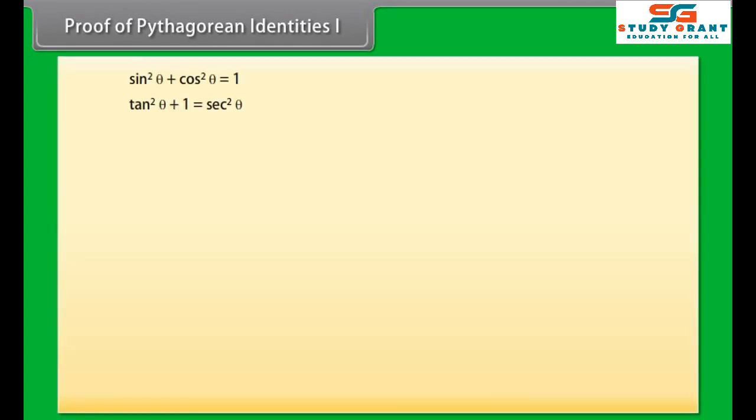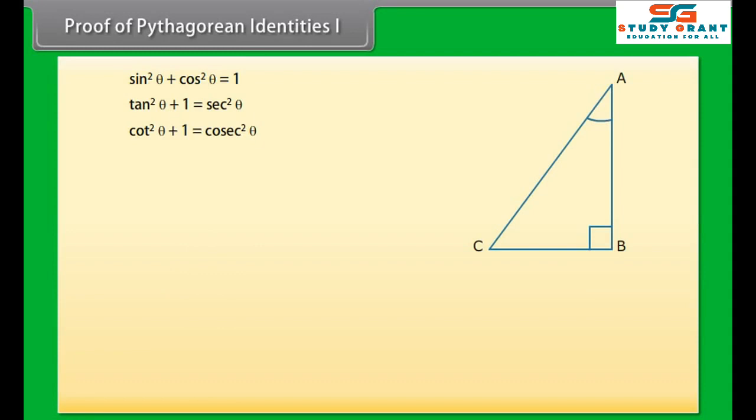Proof of Pythagorean identities 1. Now we will prove one Pythagorean identity and use it to prove other identities. For that we take a right-angled triangle ABC. By Pythagoras theorem, AB square plus BC square is equal to AC square.